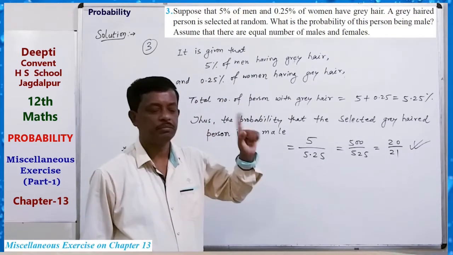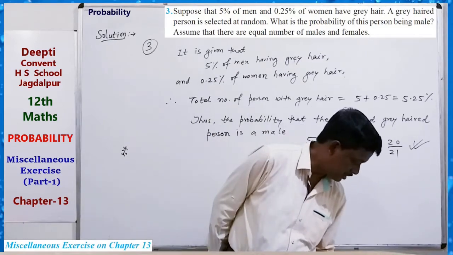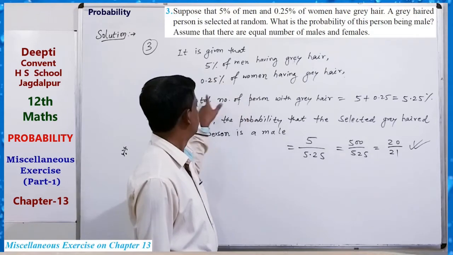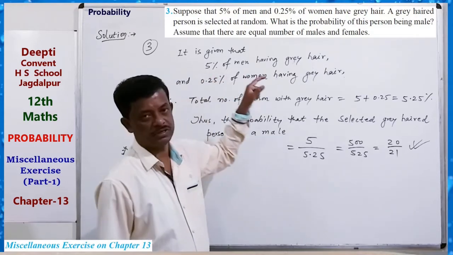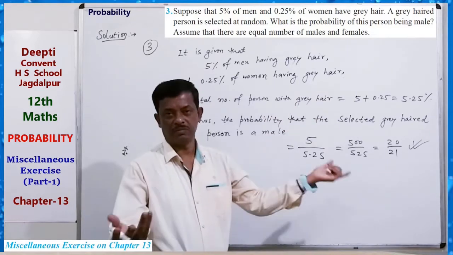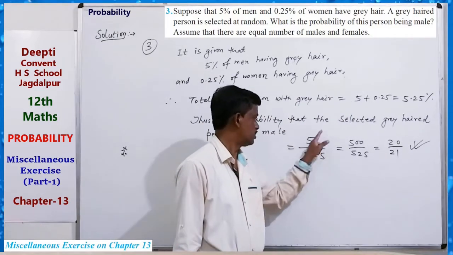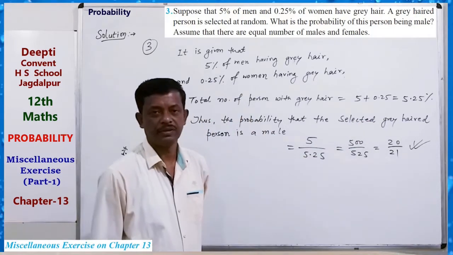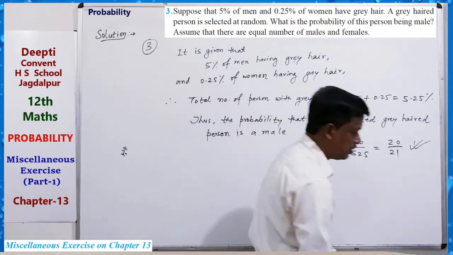The person being a male, the favorable cases are 5%, so 5 upon the total number of gray-haired persons, 5.25%, and we divide it like this. So this is the required probability.